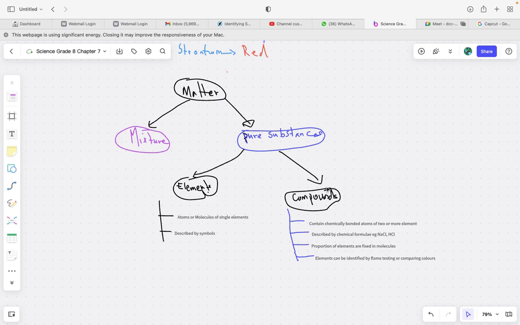The proportion of elements is fixed in their molecules, and elements can be identified by flame testing or by comparing colors. So this is what we have for this chapter.